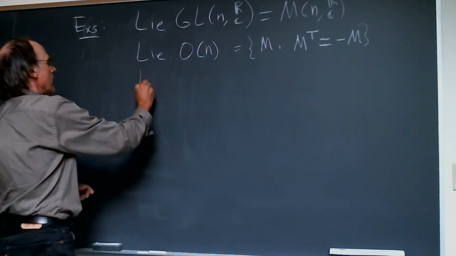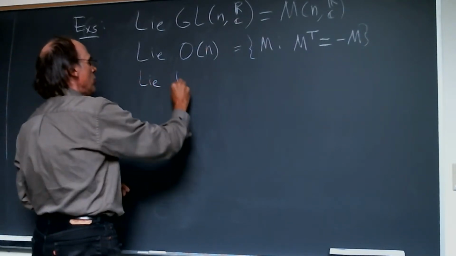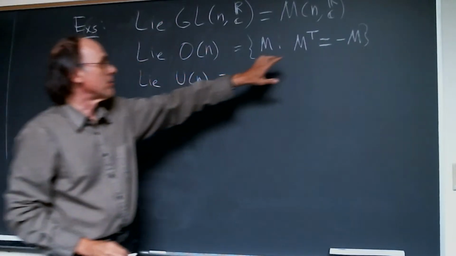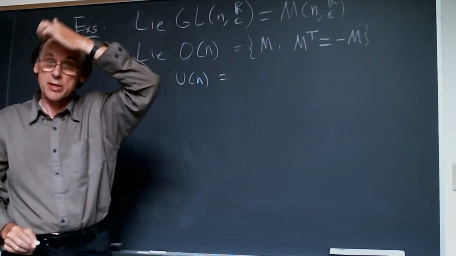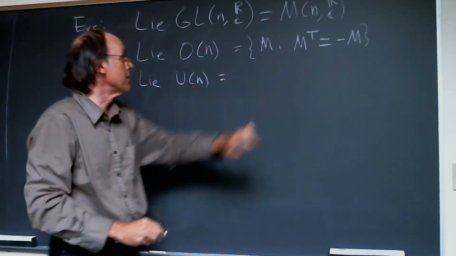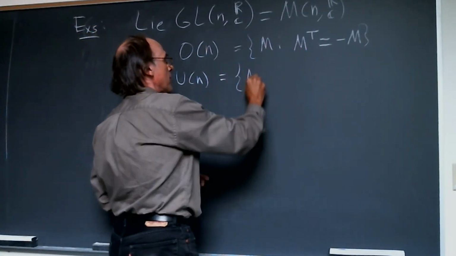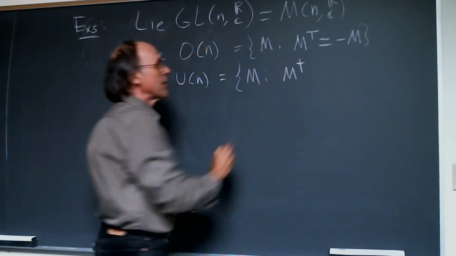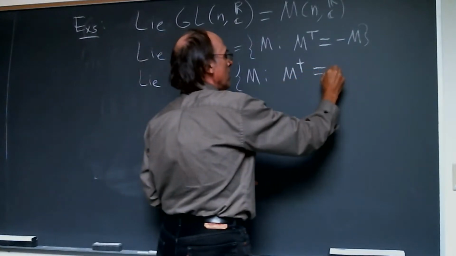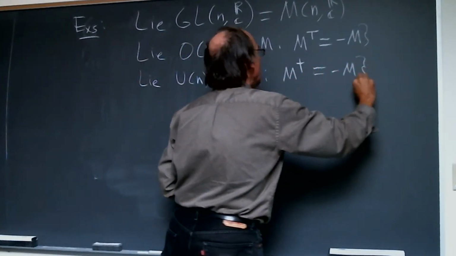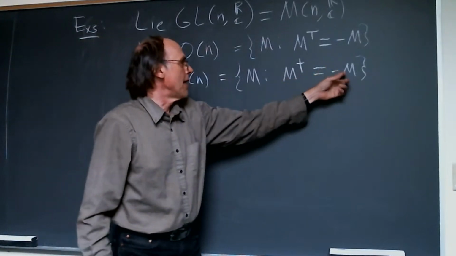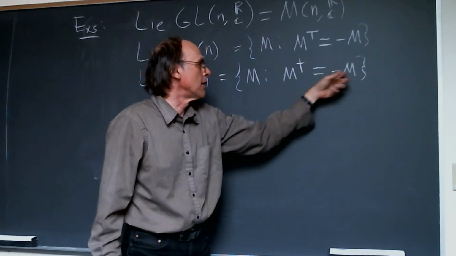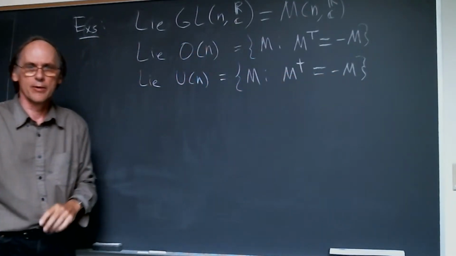For the algebra of U(n), you get the same thing, except that because you're preserving the Hermitian inner product, you also have to put in a conjugation. You get the complex matrices such that the adjoint, which is the transpose conjugate, is minus M. If M were equal to M adjoint, we would say it's self adjoint; these I'll often call skew adjoint or anti-self adjoint.